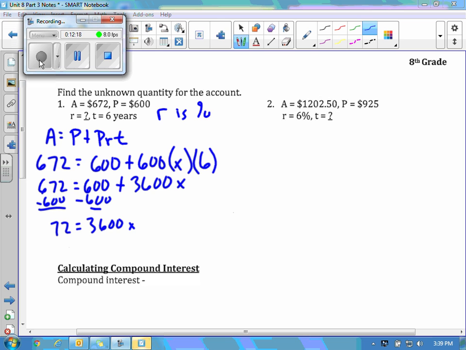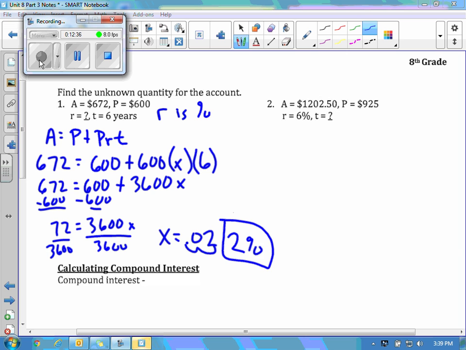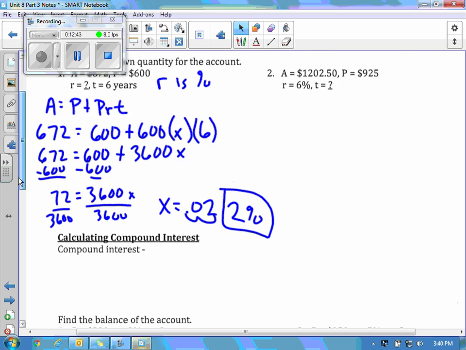My next step to solve for x would be to divide by 3,600, which when you plug in your calculator, I know it's going to look weird because you're going to get a decimal, but that's fine because remember we want to turn this into a percent. So 72 divided by 3,600 is 0.02, but I want to make that a percent. So my interest rate would be 2%. I'm going to let you guys do your best on number 2. If you need help, just let me know.